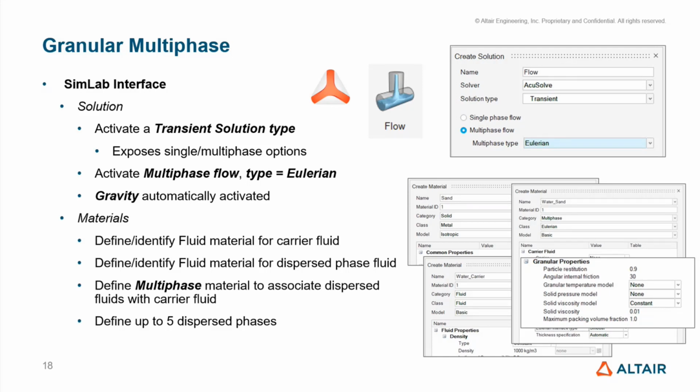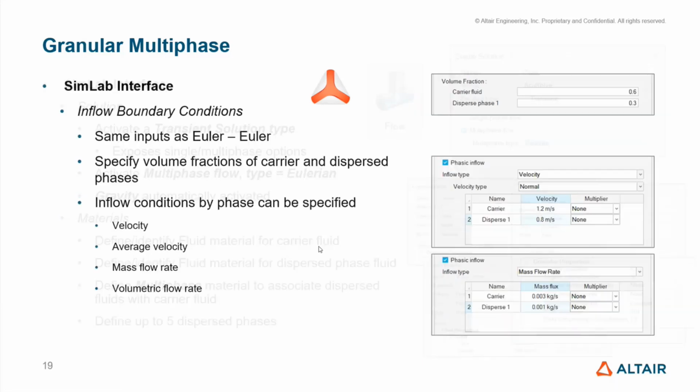It's worth noting that granular multiphase is applicable even when the volume fraction of a solid dispersed phase is low, so activating it when your volume fractions are below 20% has no negative effect. Again, up to 5 dispersed phases can be defined. Specifying inflow volume fractions and phasic velocities for granular flow are no different than with Euler-Euler multiphase.